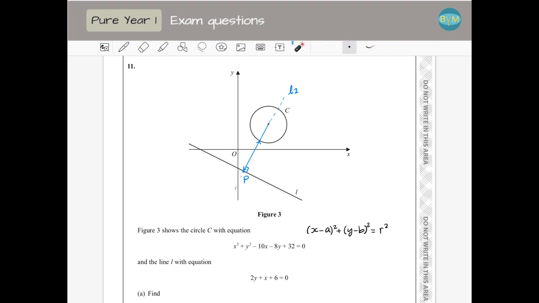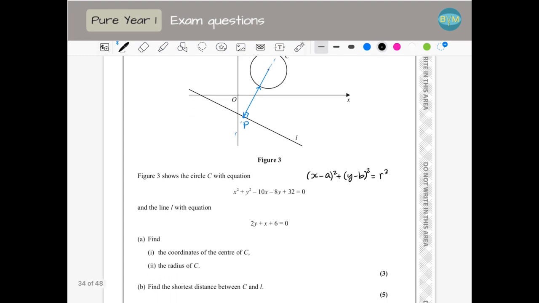I know the gradient of the given line, so this line will be the perpendicular one. The gradient of the given line is going to be minus a half, just reorganizing the equation: y is minus a half x minus 3.